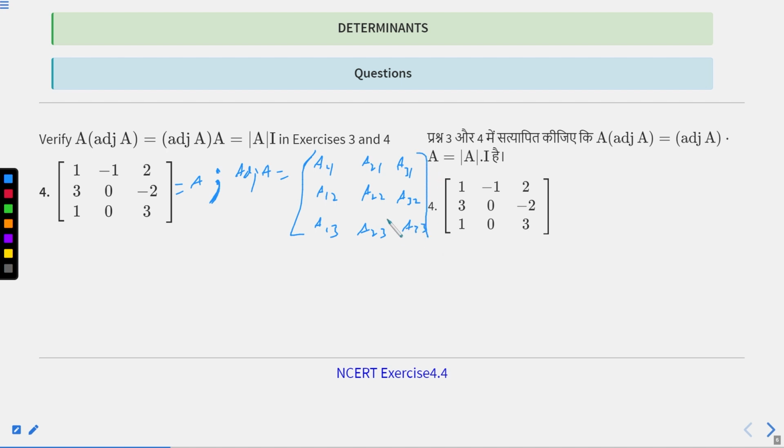After doing the transpose, you will get this. Now I'll quickly find these entries. A11 will be M11, A12 will be minus M12, A13 will be plus M13.